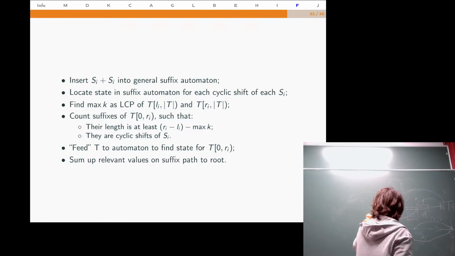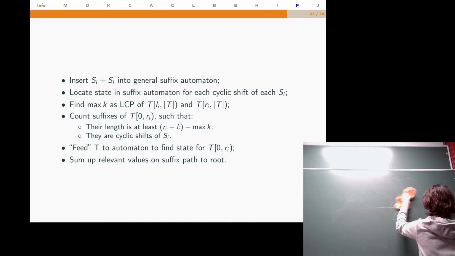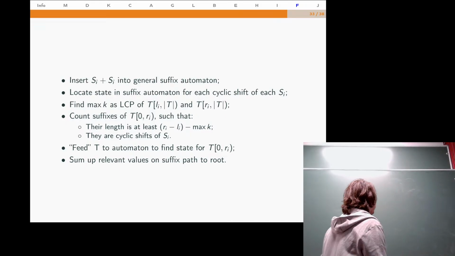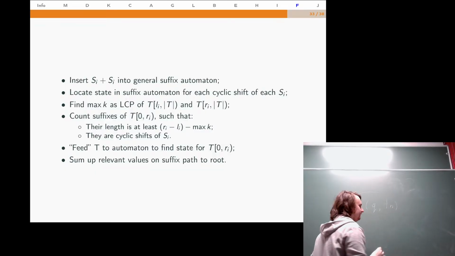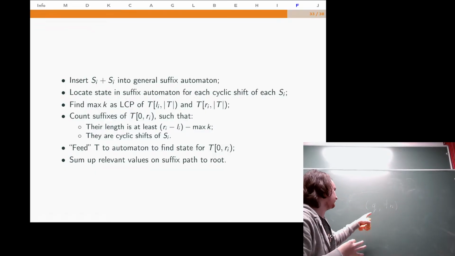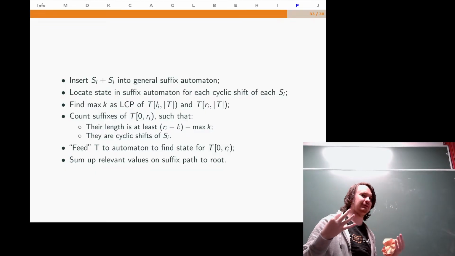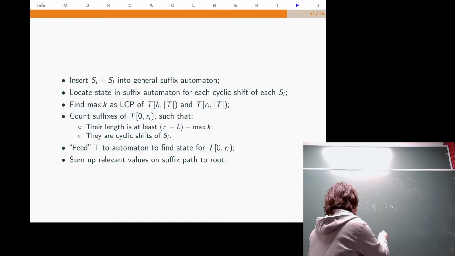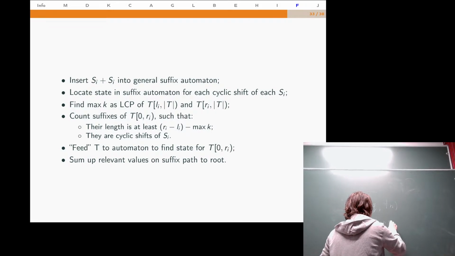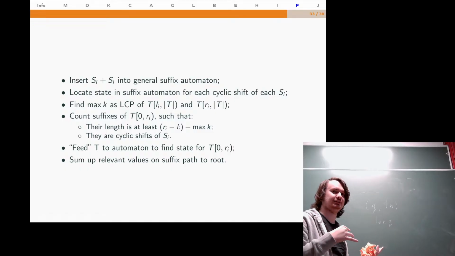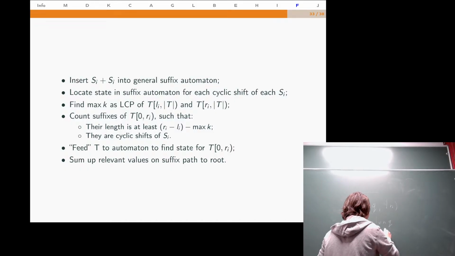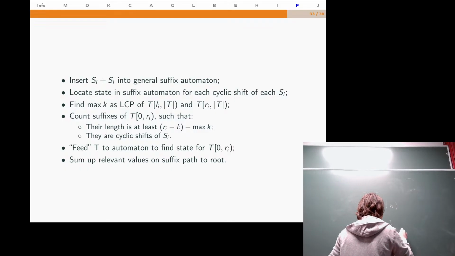So how you handle this is you can, for example, maintain a pair: a state Q and the current length. For the state Q, you know the maximum length of the string contained here, which is the length of the state, and you know the smallest length of a string contained here, which is the length of the link of Q plus 1.